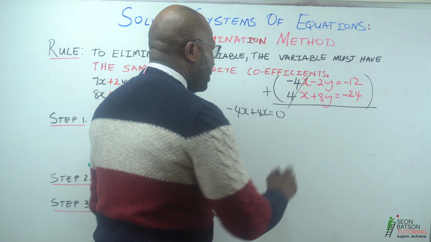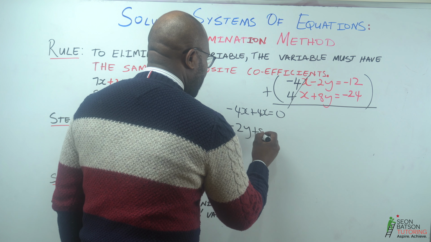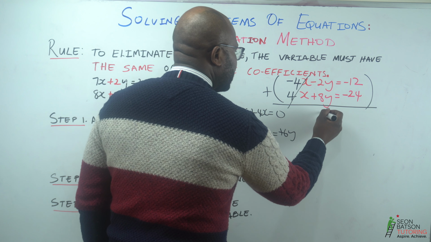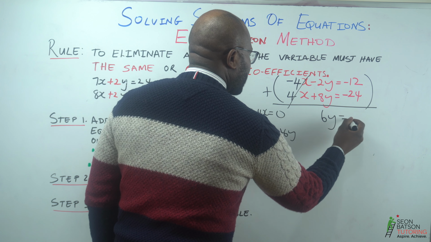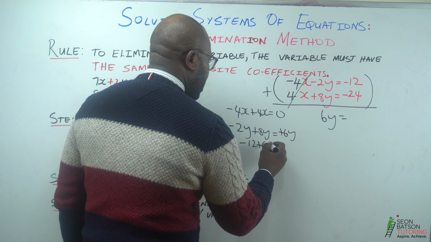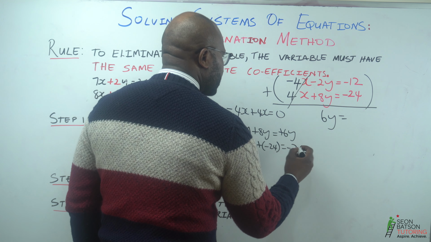Yes? Now, negative 2y plus 8y will give us positive 6y. Yes? 6y. And negative 12 plus a negative 24 will give us negative 36.